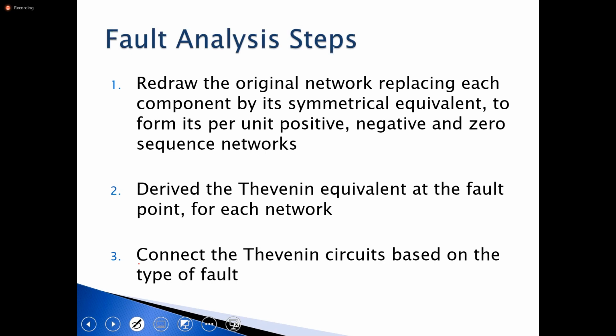The first thing we need to do is to redraw the original network, replacing each component by its symmetrical equivalent, to form its per unit positive, negative, and zero sequence networks.